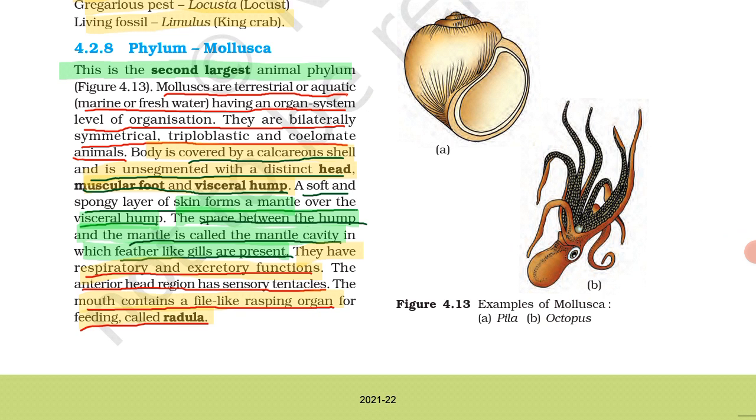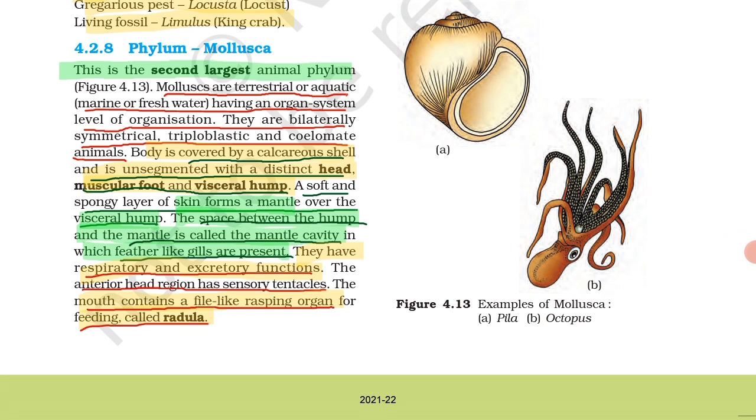They are triploblastic. You know triploblastic means they exhibit three germinal layers. The inner one is endoderm, the middle one is mesoderm and the outer one is ectoderm. Hence the organism is called triploblastic, made up of three germinal layers.